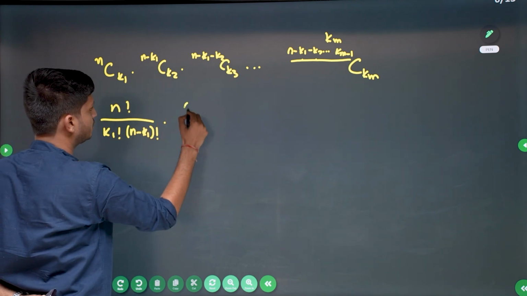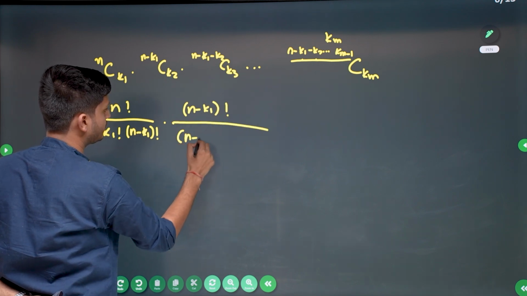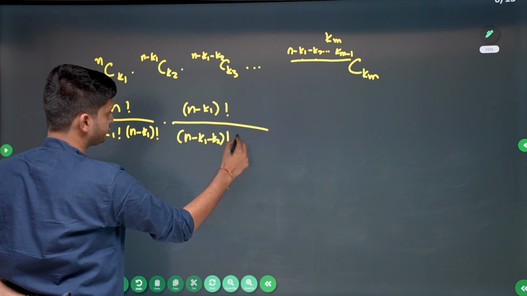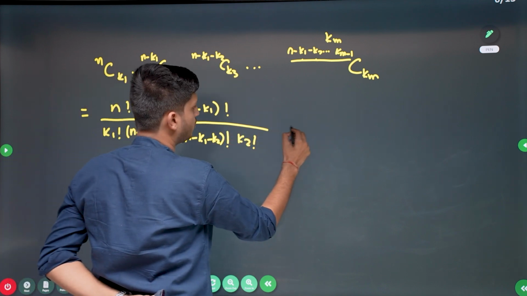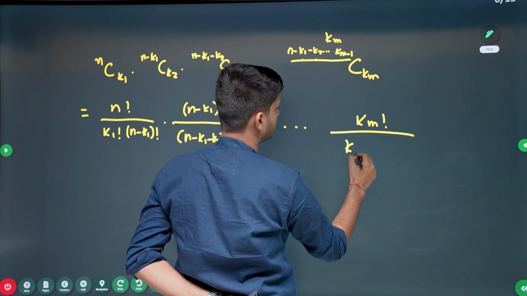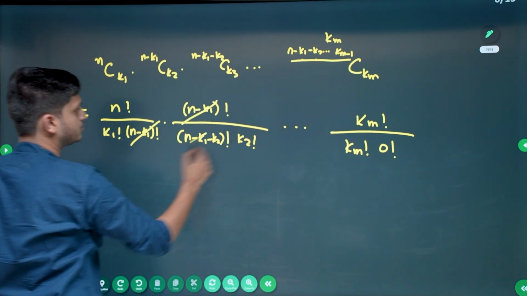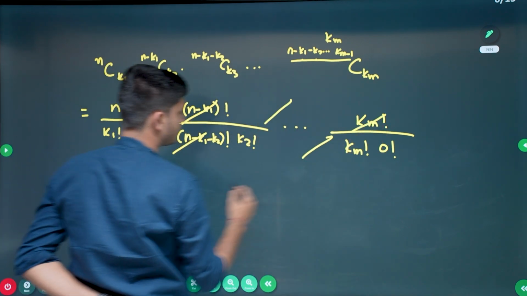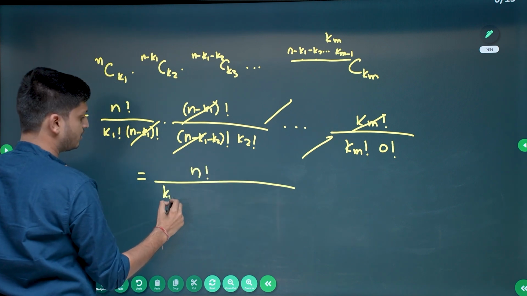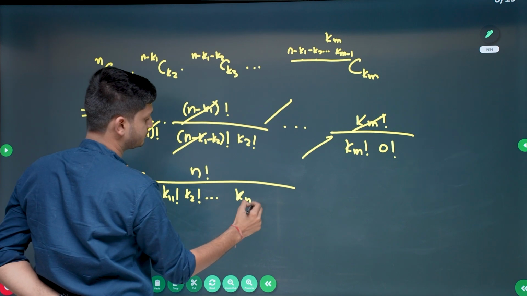This term will be n minus k1 factorial upon n minus k1 minus k2 factorial, k2 factorial, and so on. At the end you will have km factorial upon km factorial, 0 factorial. Always these terms will cancel. So you will have n factorial upon k1 factorial, k2 factorial up to km factorial.